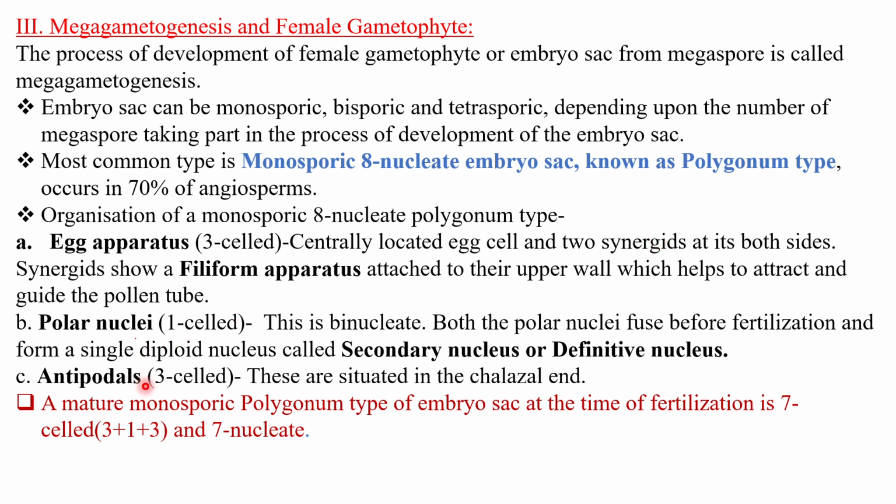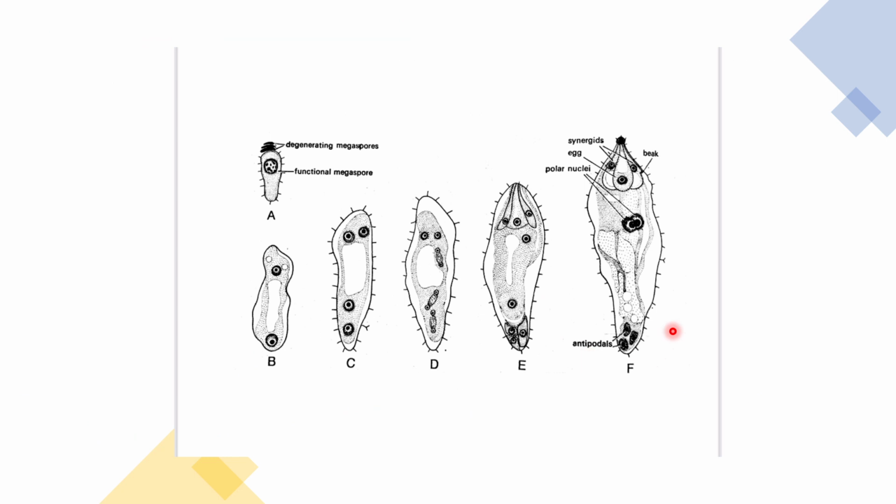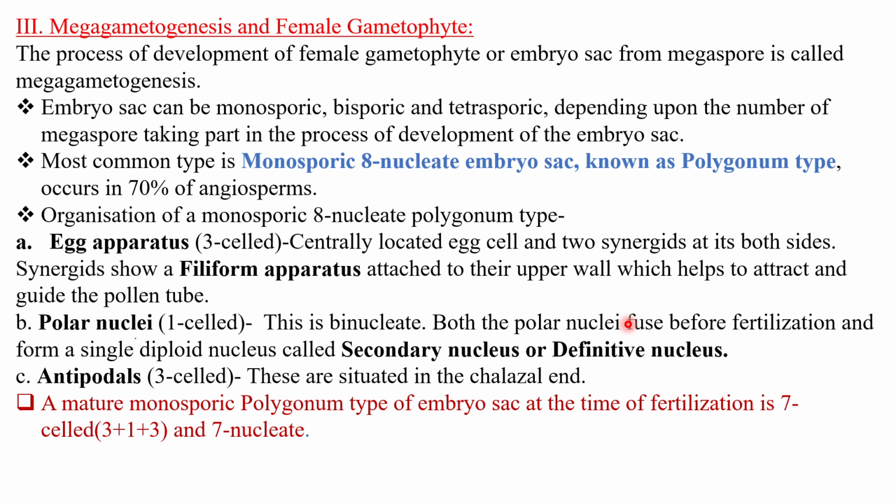And the third one is known as the antipodals, the three-celled stage. Here these are the antipodals, three cells, found at the chalazal end. In this way it has a total of 7 cells: 1, 2, 3 cells plus 1, that is 4, and these 3 antipodal cells, 7 cells in total.